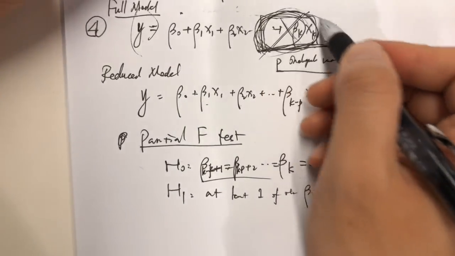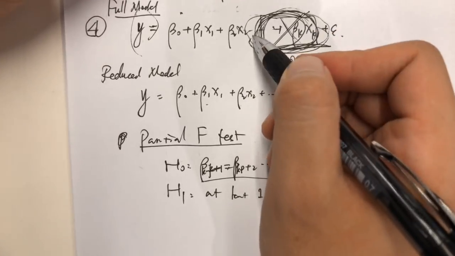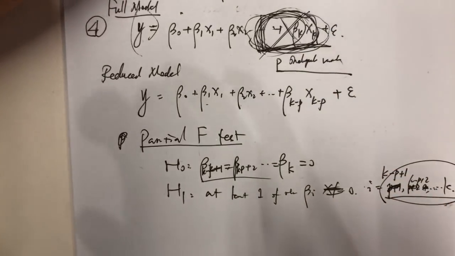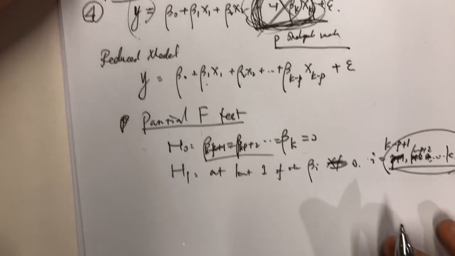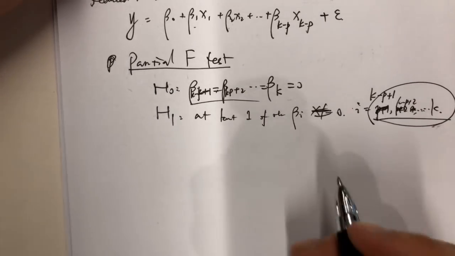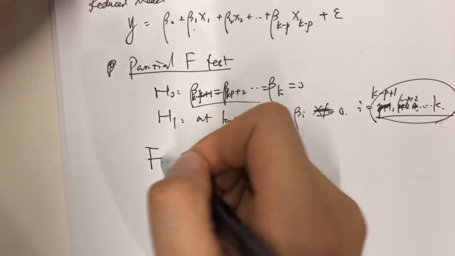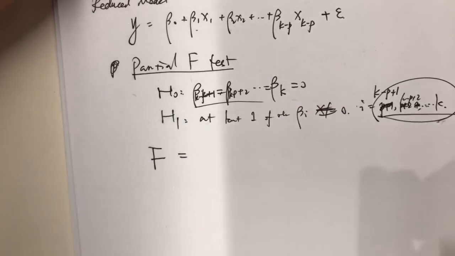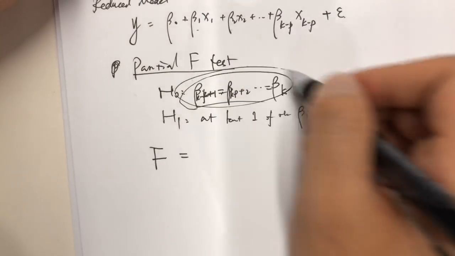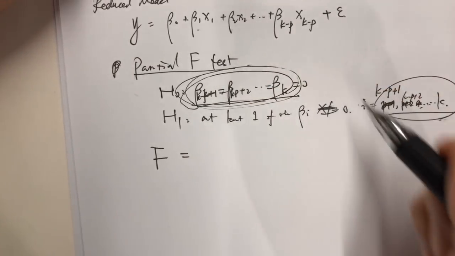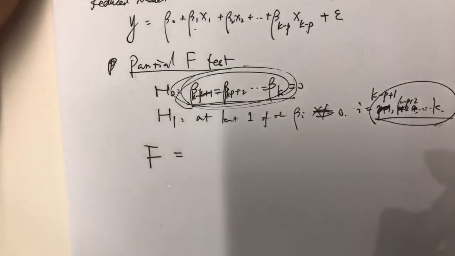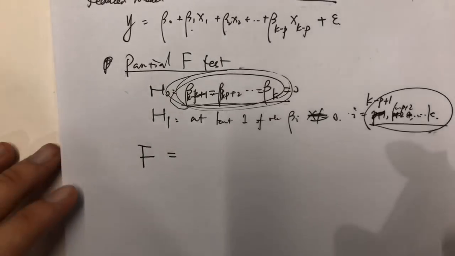It's just whether all those betas that you remove from the model are 0 or not. Now what you're going to do is construct the F statistic to see if the explanatory power of those variables is significant or not.